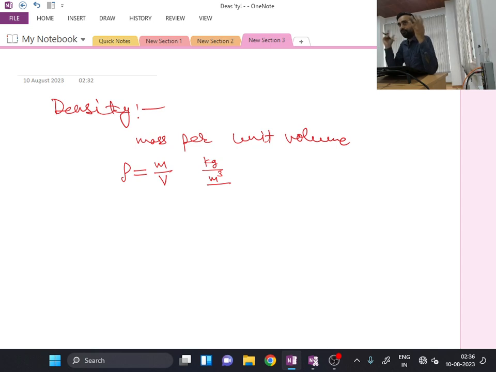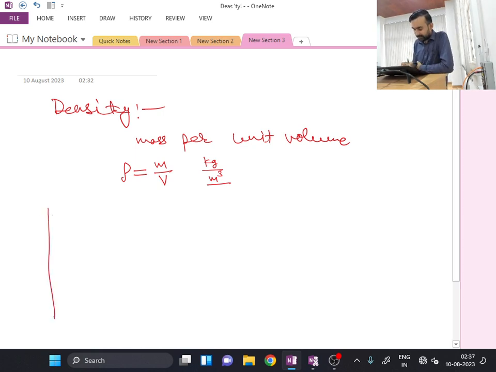Whether the volume we are considering should be of the order of this room, or of the size of a chair, or the size of your eraser, or even smaller. So what should be the appropriate size of the volume corresponding to which we are calculating the density? This can be explained with the help of the concept of continuum.